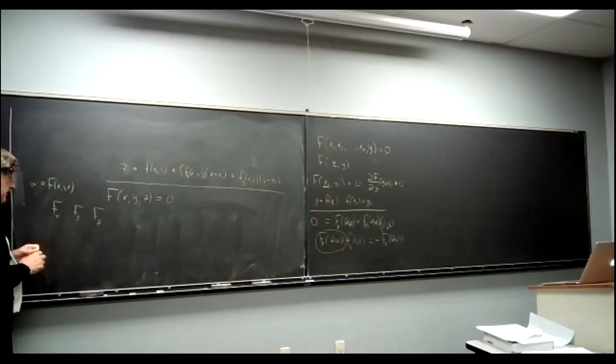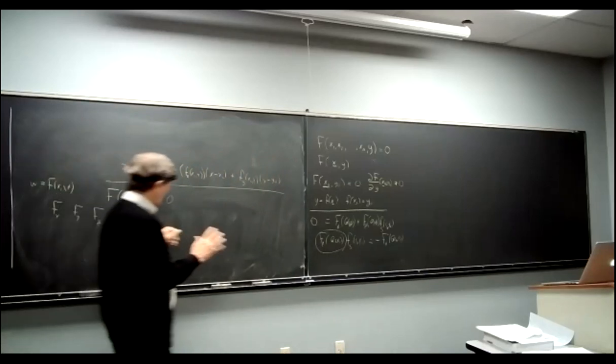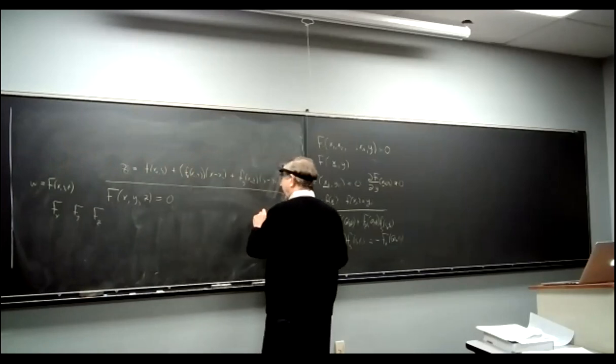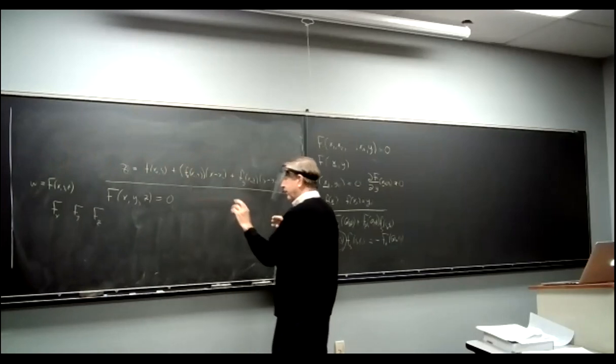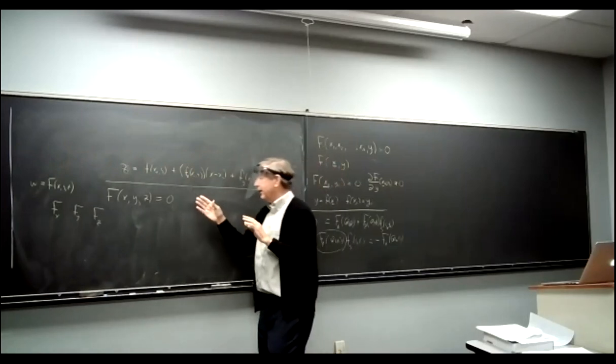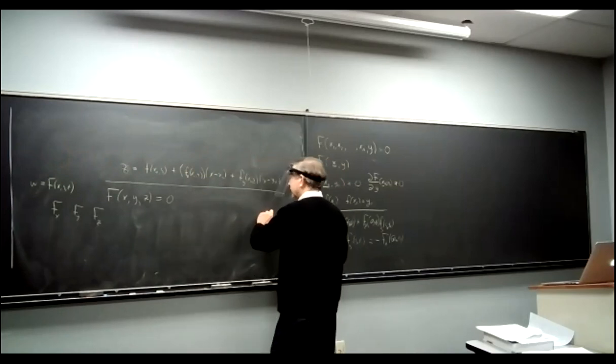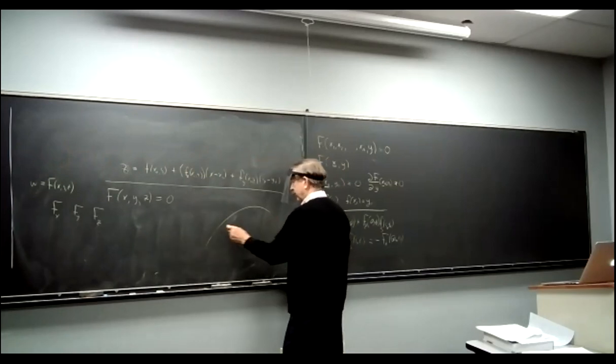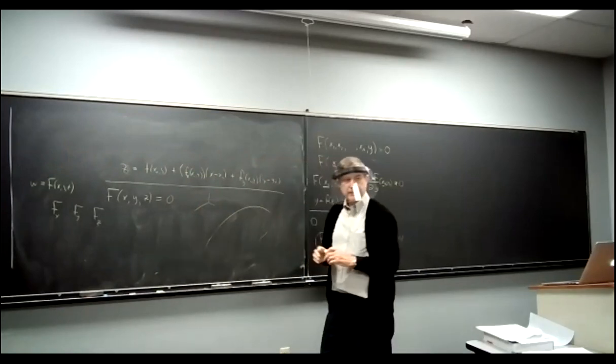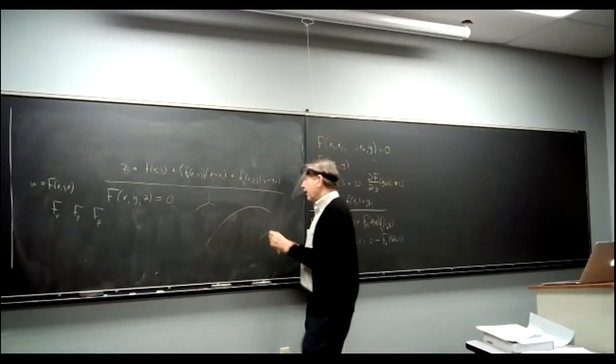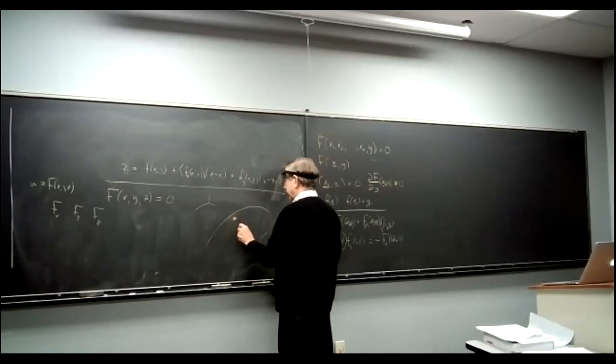Okay? Now, my problem is I'm running out of time, but that function of 3 variables, the equation of 3 variables, makes a surface in three-dimensional space, okay? So I have some kind of a surface. All right? If I take a point on the surface, right now that's x naught, y naught, z naught.